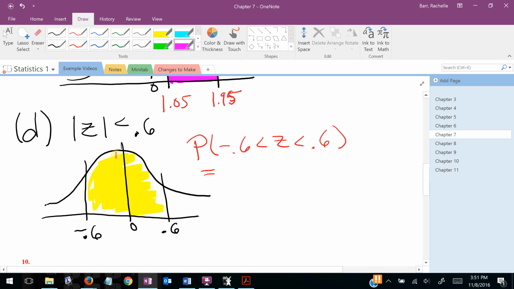I'm just going to figure out this half and then double it. And that's going to be a little bit more complicated, but hey, never hurts to try something different. So I know that half of the distribution in total is 0.5. So I'm going to double what I come up with here. I know half the distribution is 0.5, and I know that if I look up negative 0.6 on the table, that will give me this area here, so that's what I'm going to subtract.